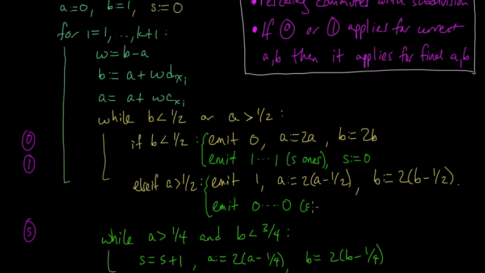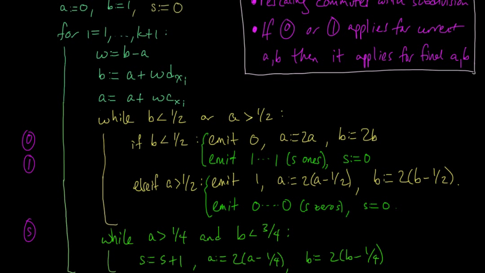So I'll just denote it this way, S zeros. And again, set S back to 0. And I need to modify these loops to indicate the appropriate nesting structure. So this guy now holds all of that, and this guy holds all of that.